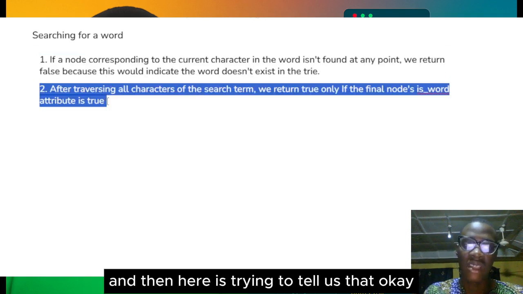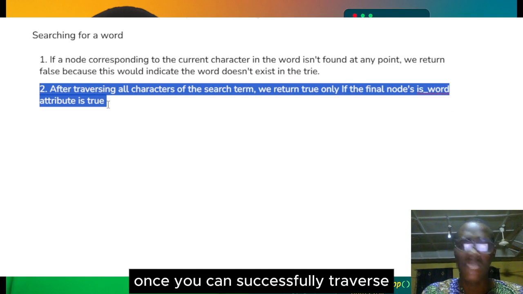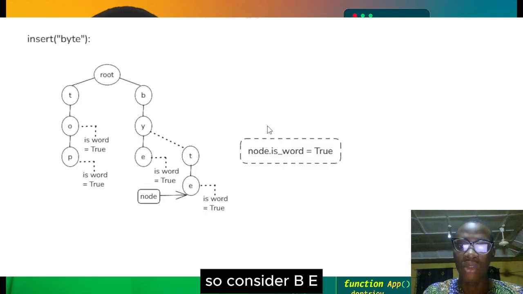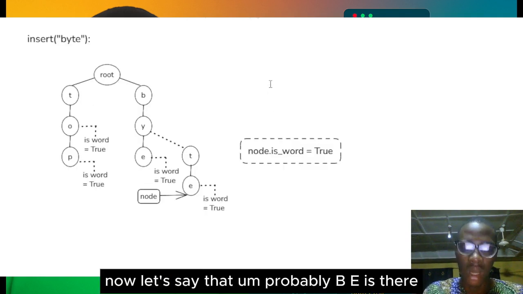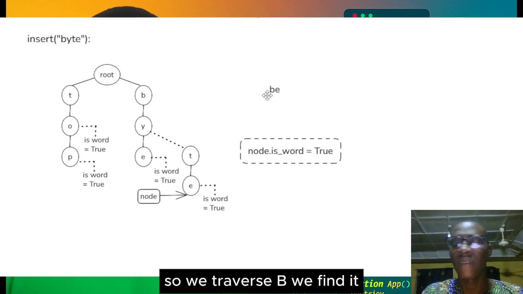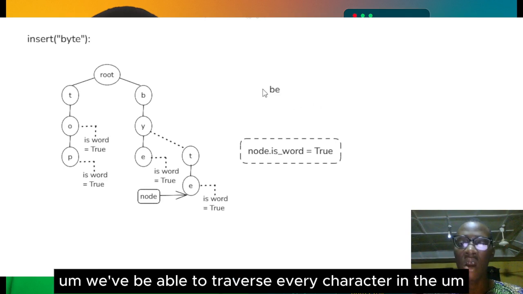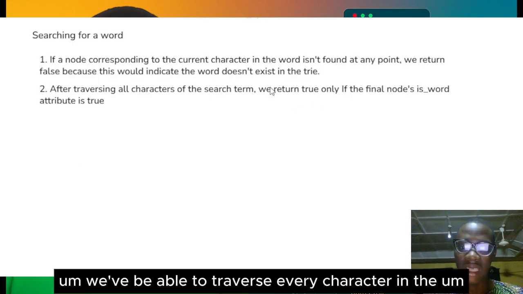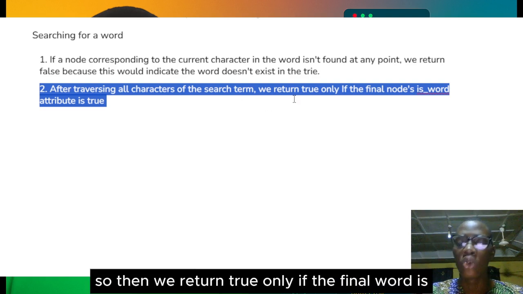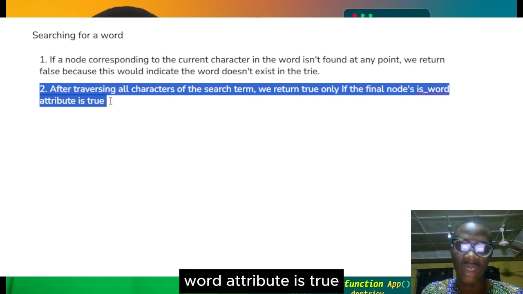And then here it's trying to tell us that once you can successfully traverse all characters in the search term, so consider be now, let's say that probably be is there, so we traverse b, we find it, then we find e as a child of b, definitely we'll be able to traverse every character in the search term. Then we return true only if the final node's isWord attribute is true.